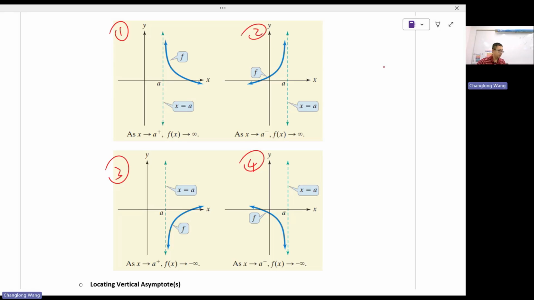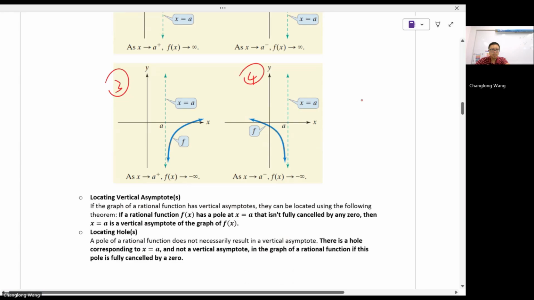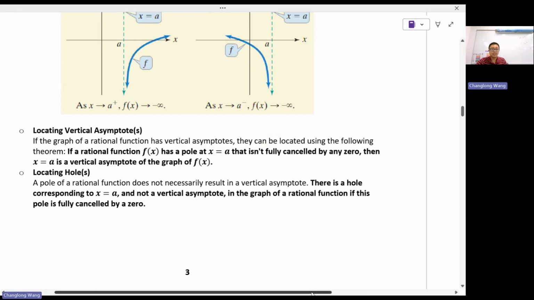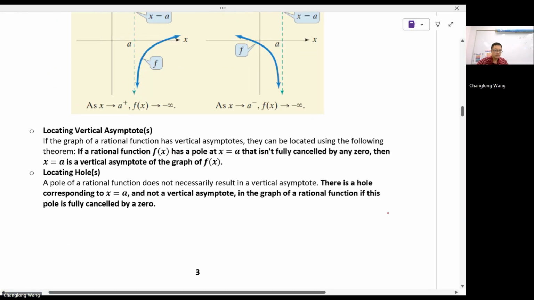Okay, so now how do we locate the vertical asymptotes, or simply put, the VAs? Well, it's as simple as finding where the pole is, but with an exception. So please pay attention to the wording on page 3.